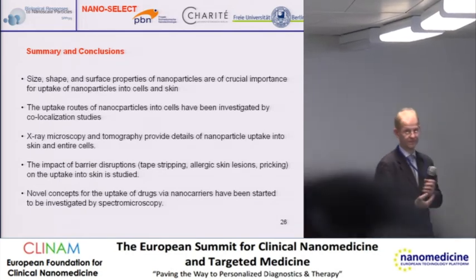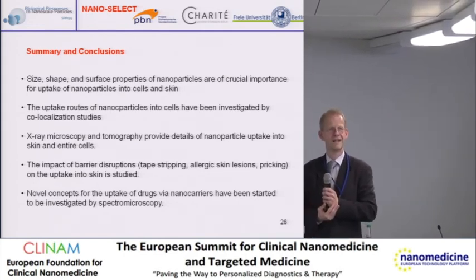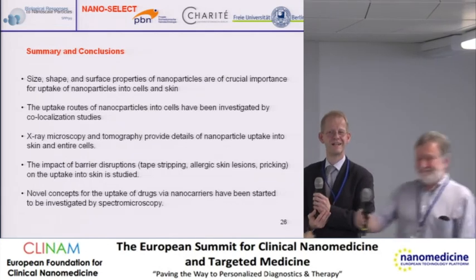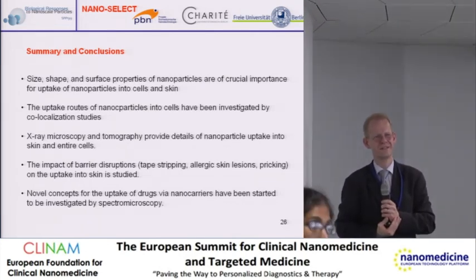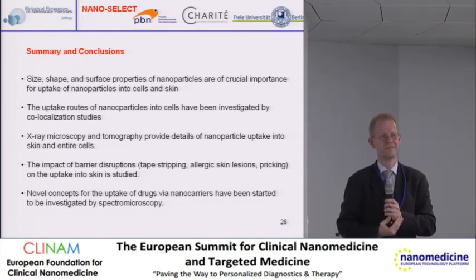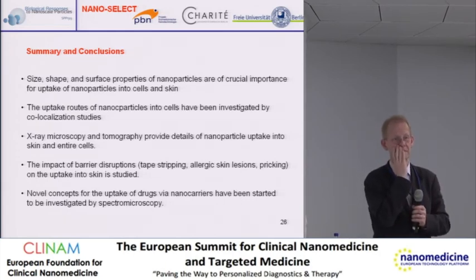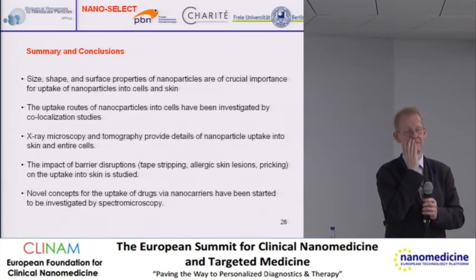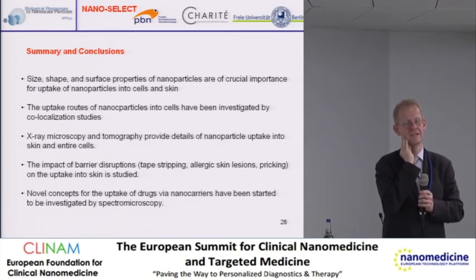Yes, please. Would you mention your name as well? You showed two pictures with particles modified with APS and HAPS. I was wondering, what was the time of incubation with those nanoparticles?